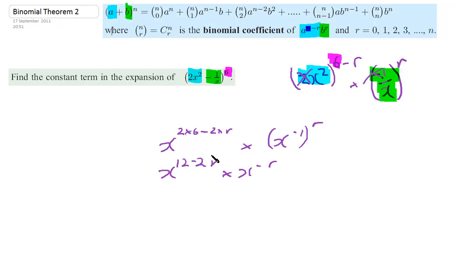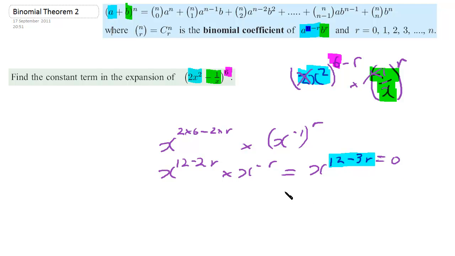Now we can simplify this, so we've got this times this, so we're going to add these powers. So this equals x to the 12 minus 2r minus r, which gives us minus 3r. And we want to know when this power is equal to 0.